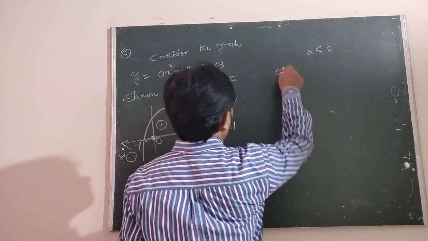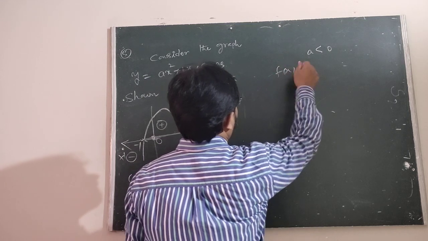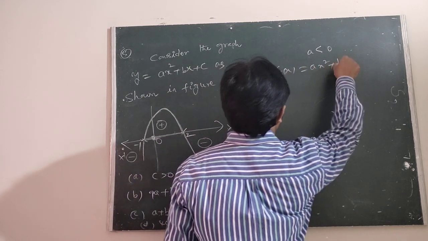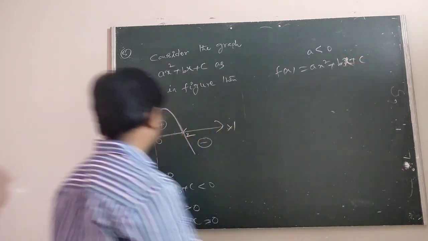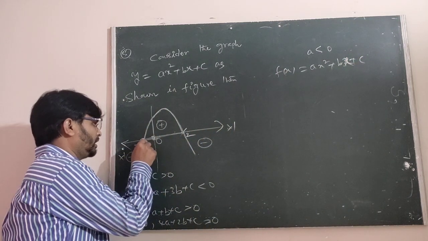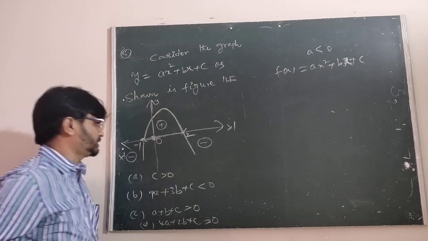Therefore, here we can write f of x equals ax square plus bx plus c. So in between minus 1 to 2, the y-axis is positive.